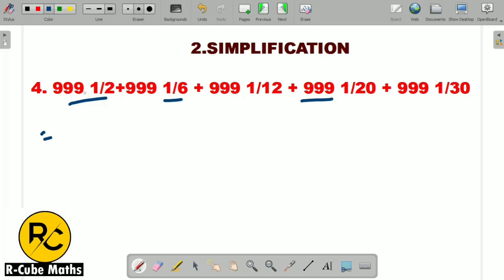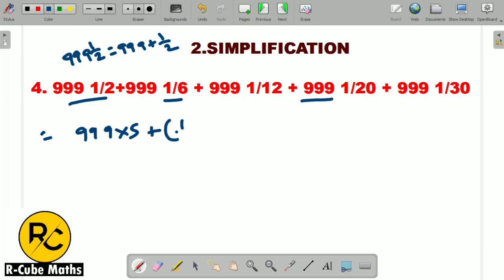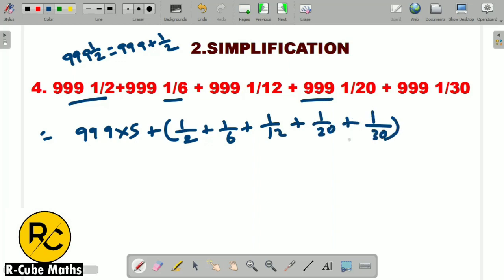Here these are mixed fractions. 999 1/2 can be written as 999 plus 1/2. There are 5 terms, so 999 into 5, plus, in the first mixed fraction we get the proper fraction 1/2, plus 1 by 6 plus 1 by 12 plus 1 by 20 plus 1 by 30.